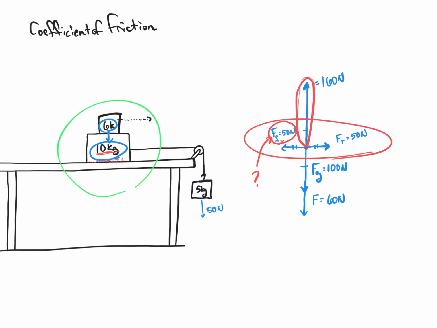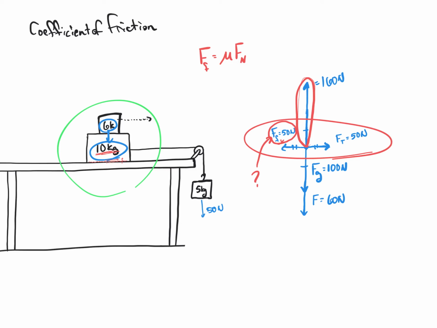And the way that works is the force of friction is equal to some coefficient that is dependent on the surfaces that are interacting. So how rough the two surfaces are, how sticky the two surfaces are. And that coefficient, we use this funky Greek letter mu, and you multiply that times the normal force.